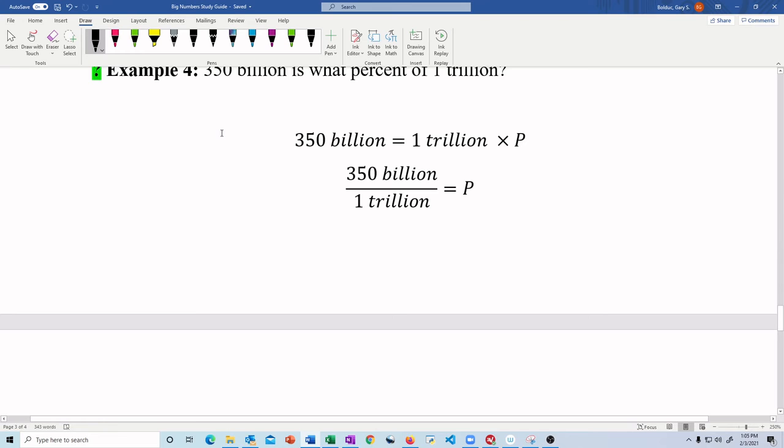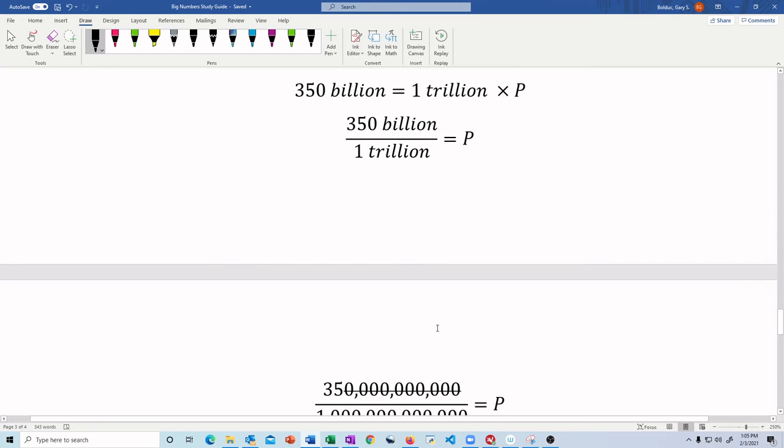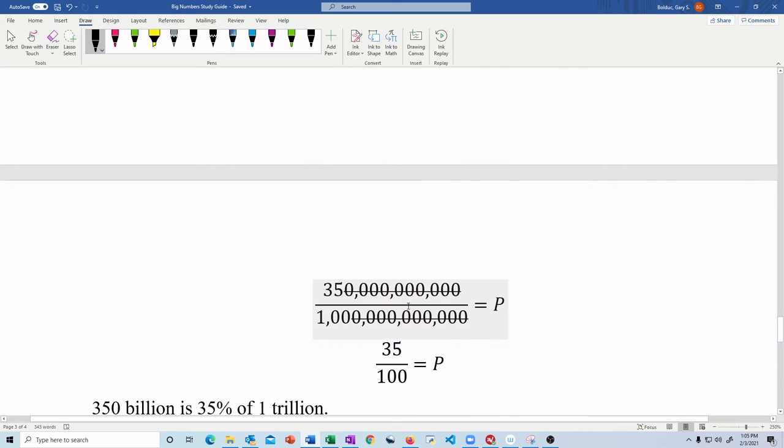And now, what do I do? How do I do this? Well, you have one option, which is to use your standard form. Totally okay to use your standard form here. I wrote out all of these. This is 350 billion. This is 1 trillion. And I just canceled all the zeros.